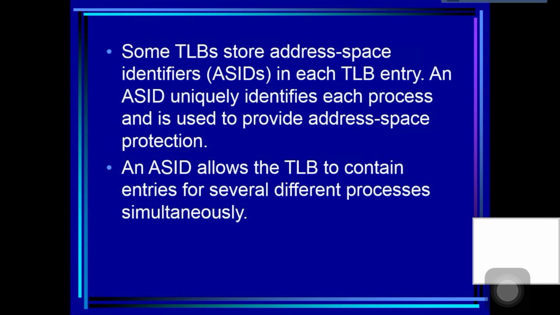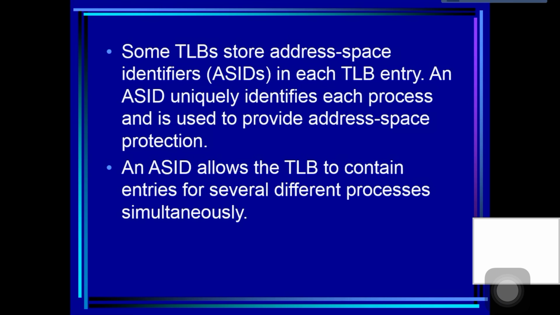Some TLBs store address-space identifiers in each TLB entry. An ASID uniquely identifies each process and is used to provide address-space protection for that process. When the TLB attempts to resolve virtual page numbers, it ensures that the ASID for the currently running process matches the ASID associated with the virtual page.